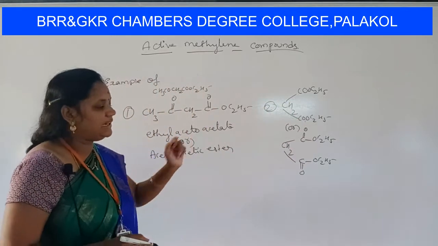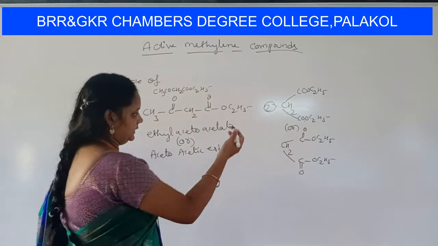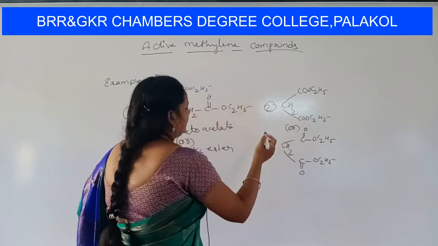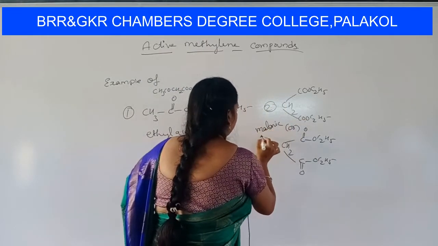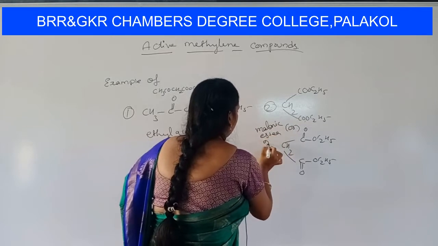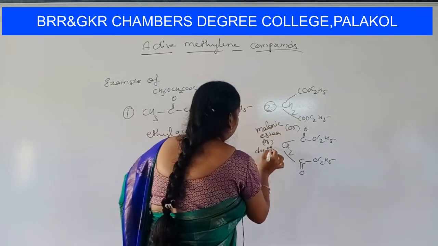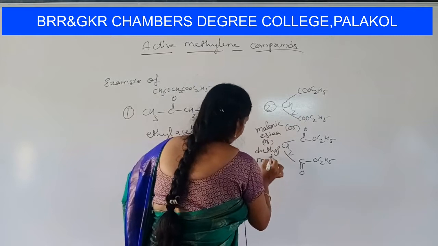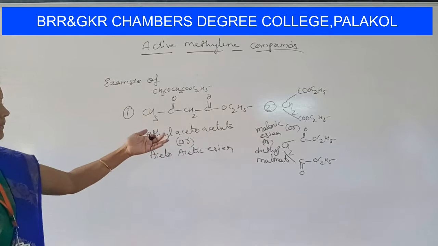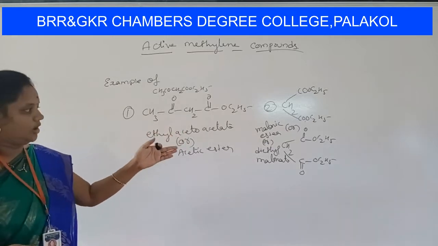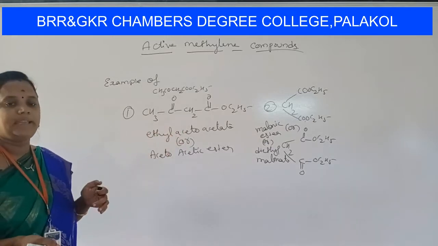What will be the name of this active methylene compound? It is known as malonic ester or diethyl malonate. We can give the two names: malonic ester or diethyl malonate.